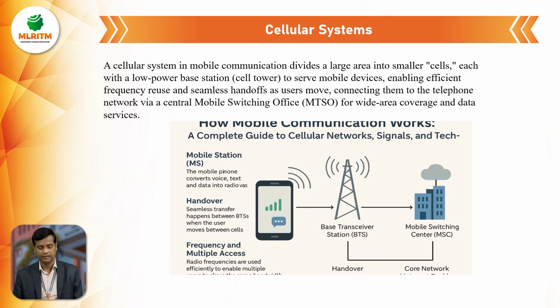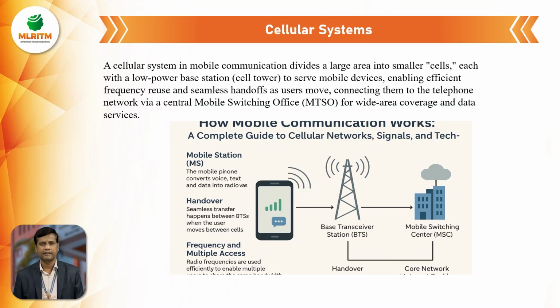Cellular system means what? A cellular system in mobile communication divides a large area into smaller cells, each with a low power base station or a cell tower. For example, a network tower.